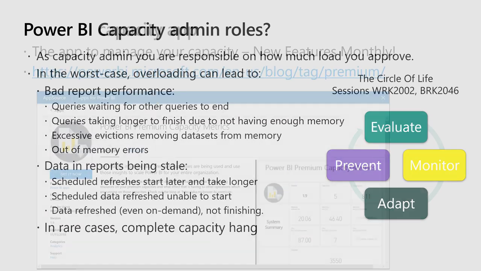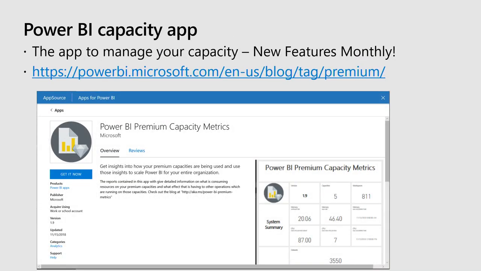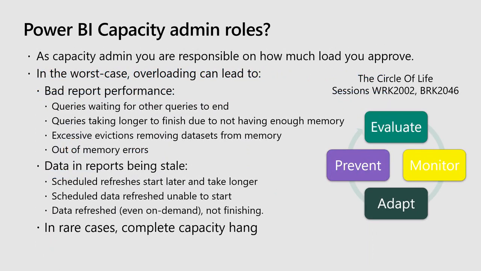We call out the specific sessions because you have the material available online, so you can go after this session and review the decks at home and understand more about adaptation and dive deeper into evaluation and prevention as well.